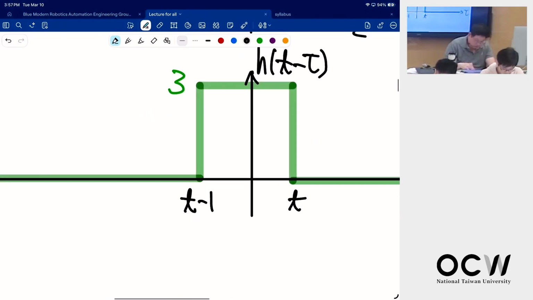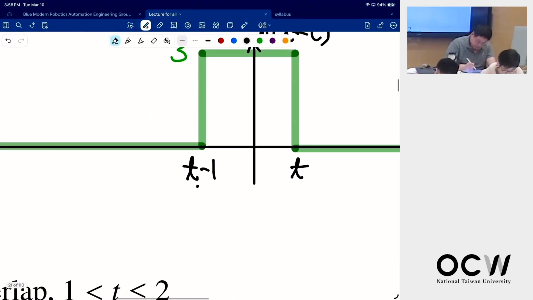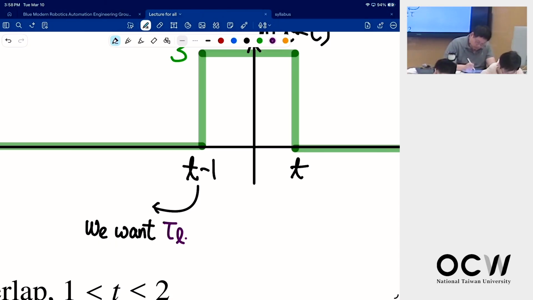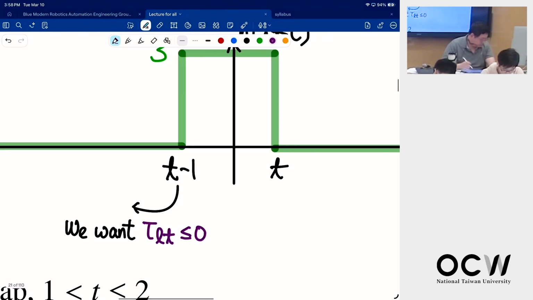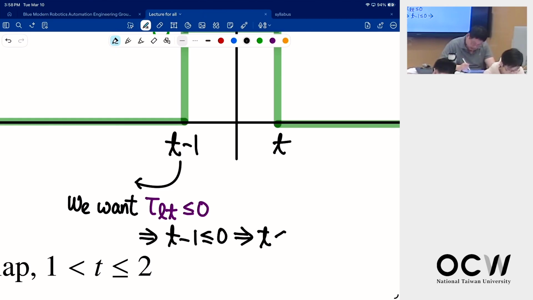That means here we want tau left t less than or equal to 0, which means t minus 1 is less than or equal to 0, so t is less than or equal to 1.